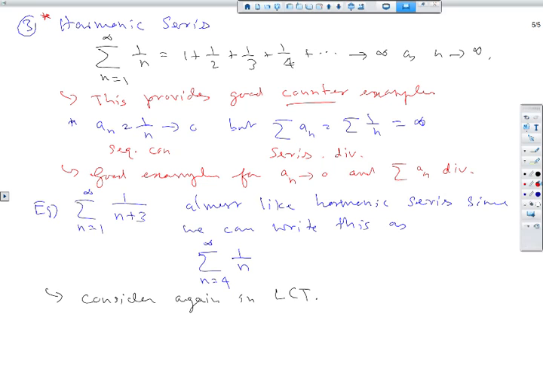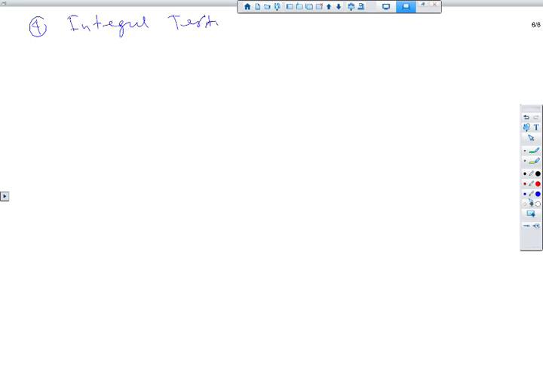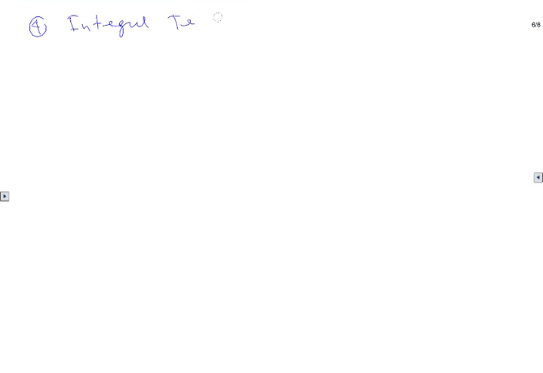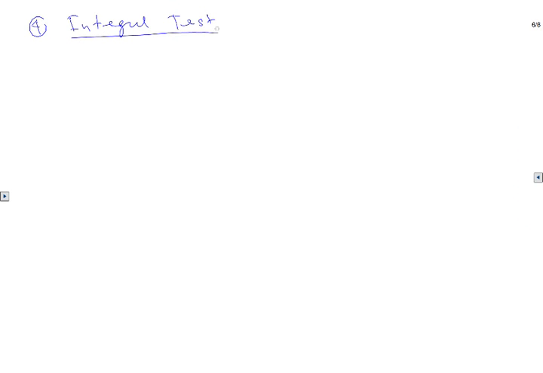Okay, so let's go to the last part of this discussion, that is the integral test. So number 4, the integral test. So what's the integral test?